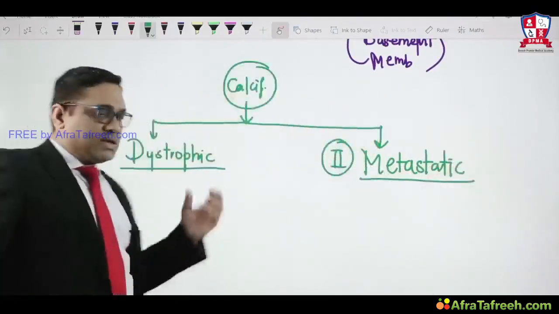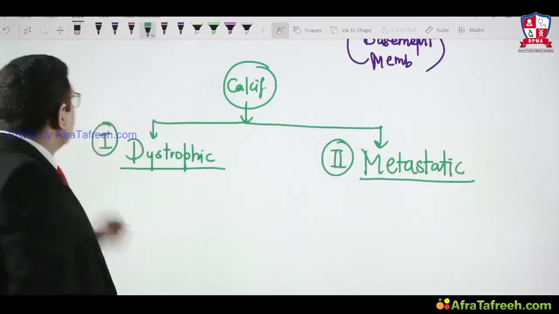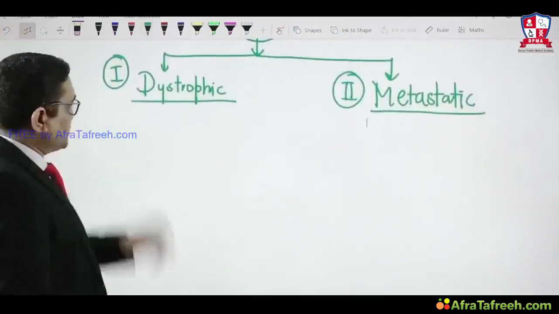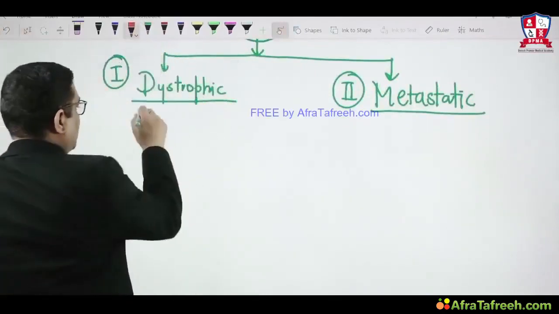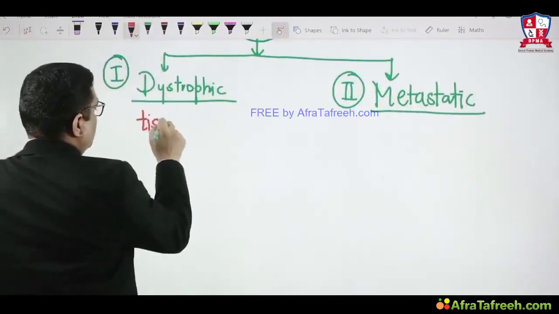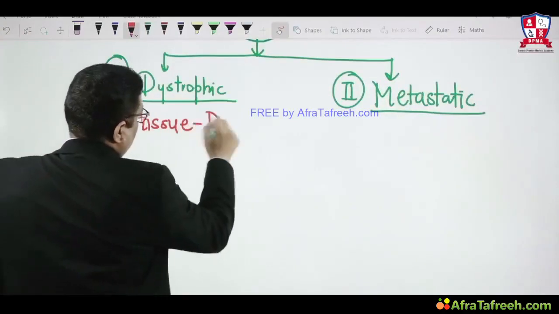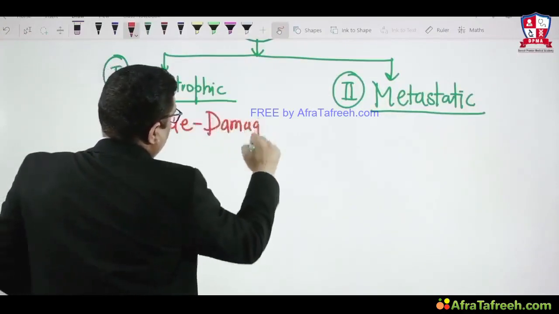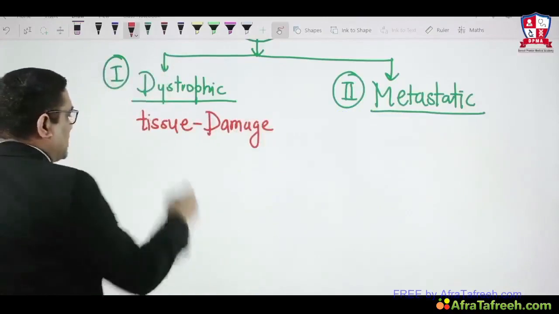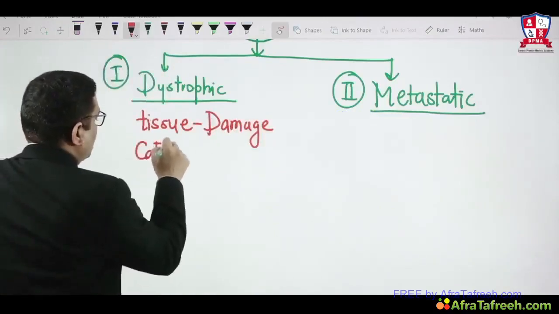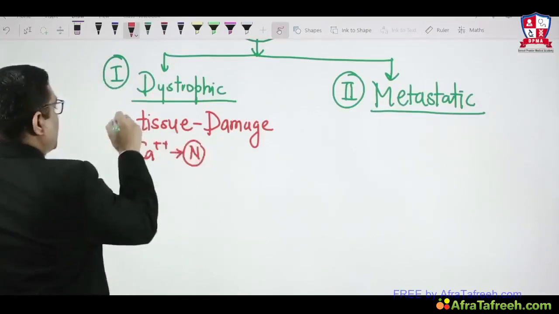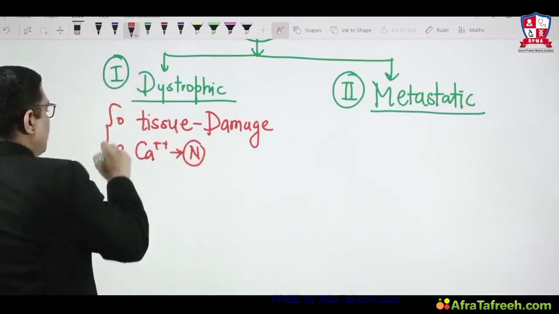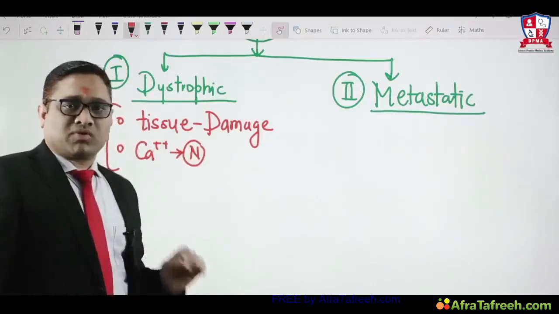What is the difference between dystrophic and metastatic calcification, which the examiner asks in exam also? When tissue is damaged and calcium level is normal, which kind of calcification will you notice?